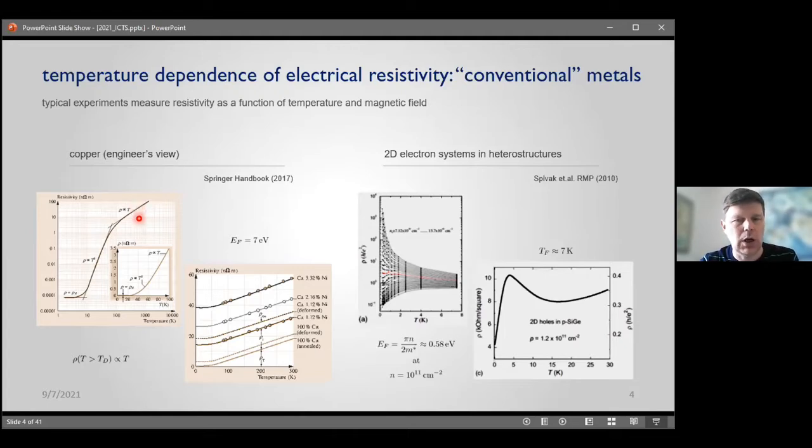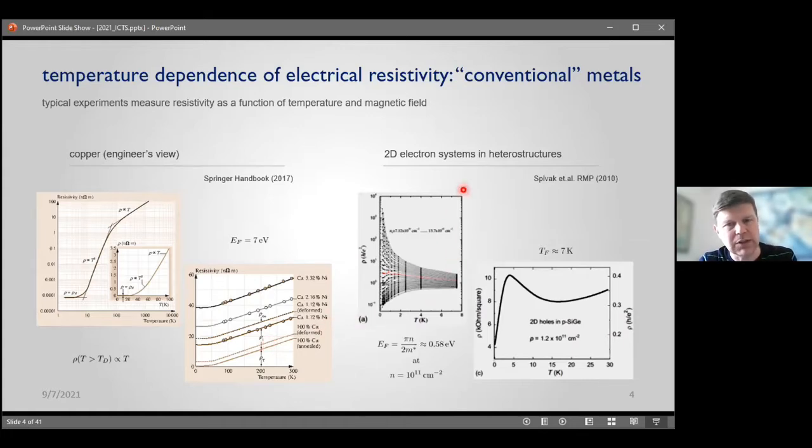The specific values of the resistivity strongly depend on how the material is prepared, whether it's annealed, whether there are some impurities, whether it's alloyed with other materials. But in all of these, even though the actual value of the resistivity may vary quite strongly, the temperature dependence remains linear, because this mechanism of phonons playing the role of static disorder remains valid.